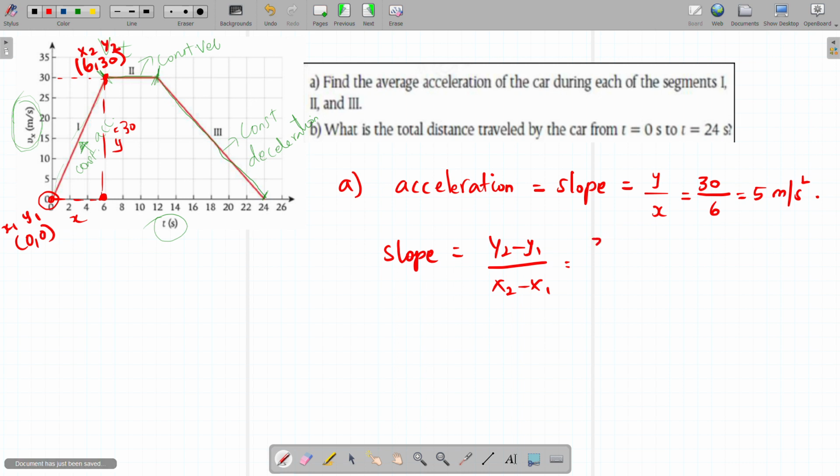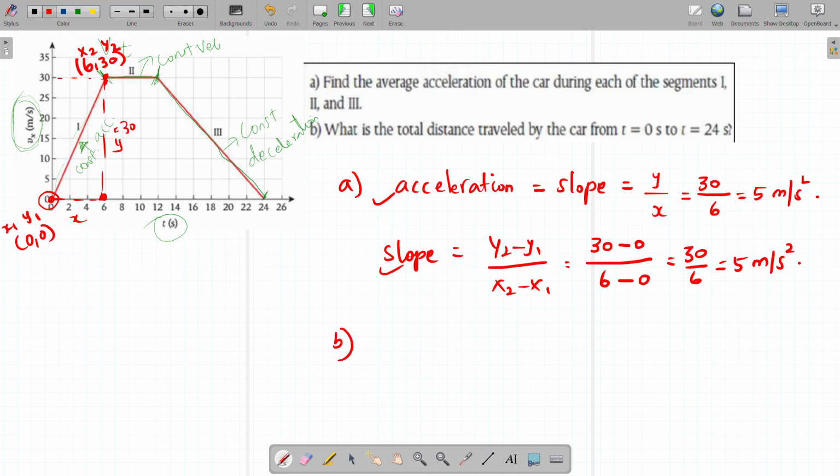So you can write y2 is 30, y1 is 0, x2 is 6, x1 is 0. 30 over 6 is equal to 5 meter per second square. So you can use either y2 minus y1 over x2 minus x1 or y by x.